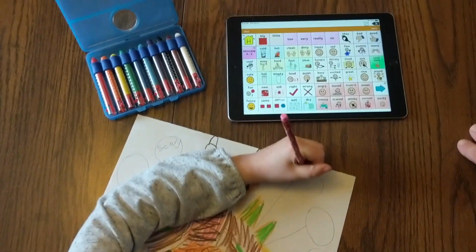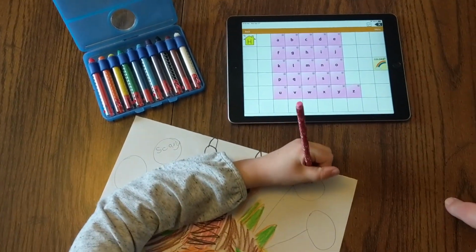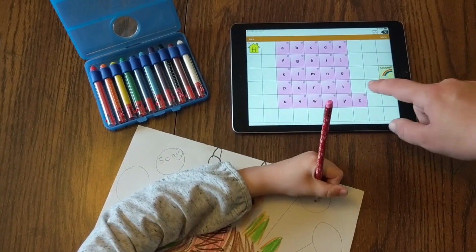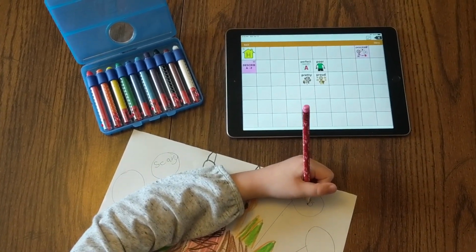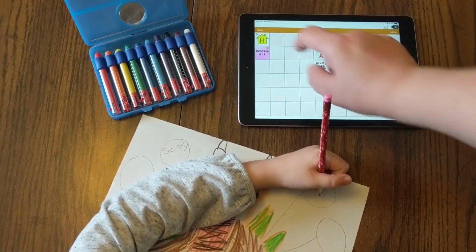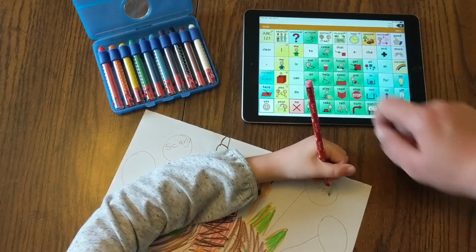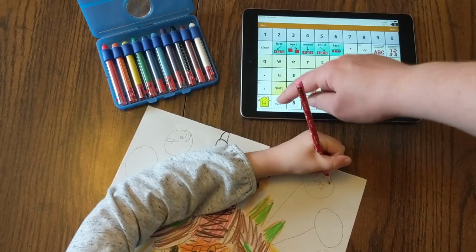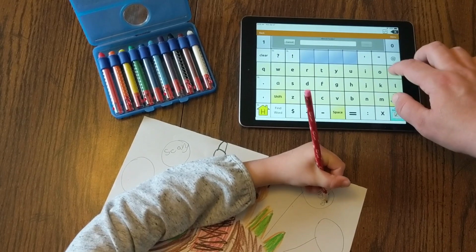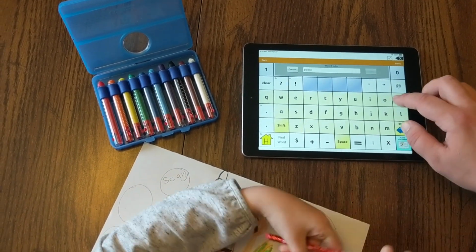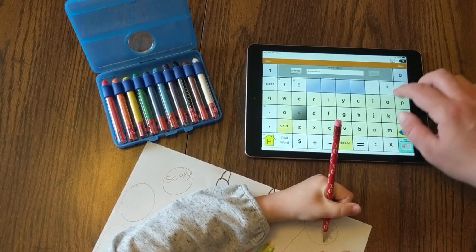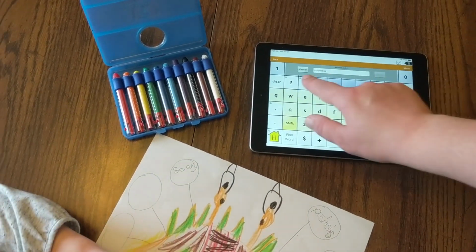So if we were going to find that, I have no idea if poisonous is in here, so I'm going to just go to describe and P, and poisonous is not a word on there, which I'm not surprised. So I'm going to go to my keyboard, and I can just double check by going to find word and spelling out poisonous, and it does not come up.